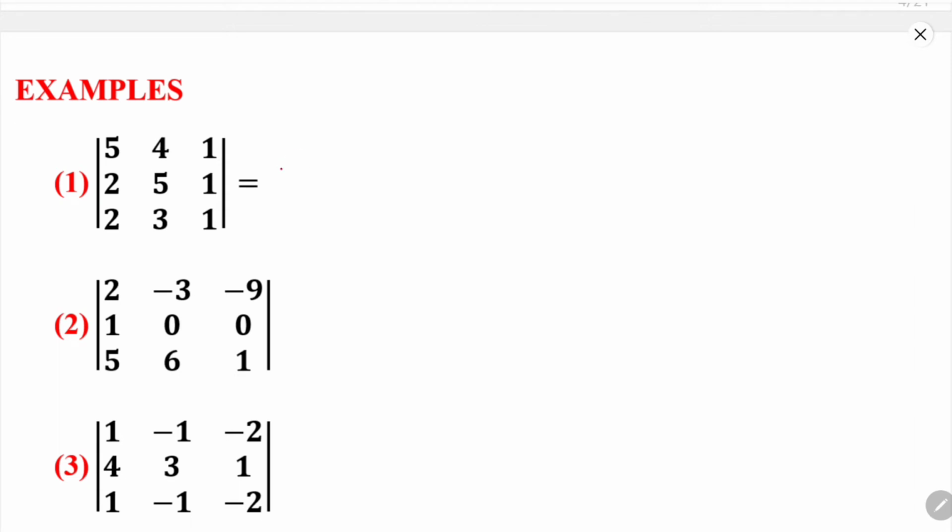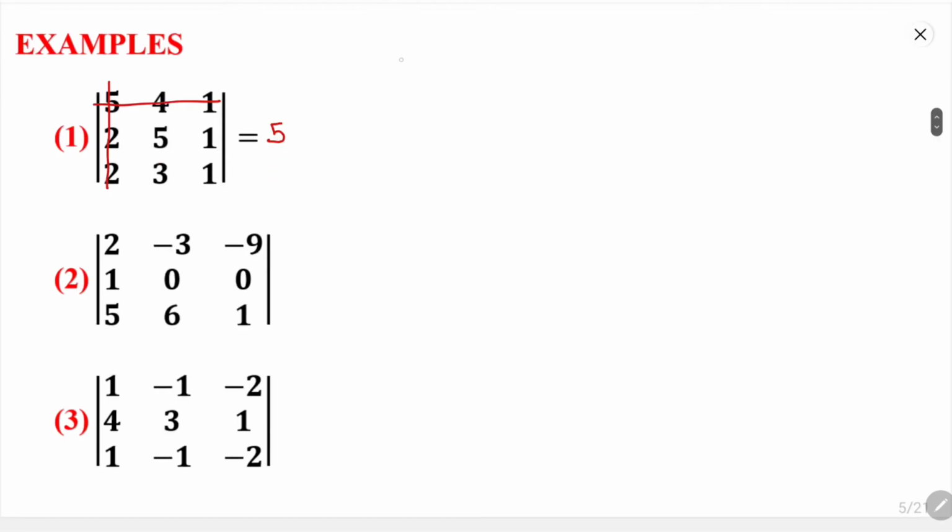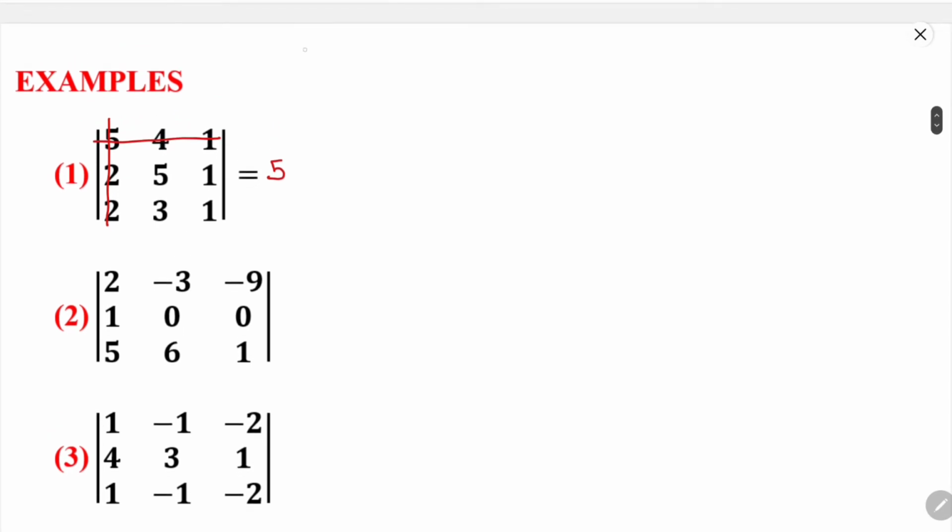So 5, then hide 5, but we are going to expand this using the first row. So plus minus plus, minus plus minus, plus minus plus, right? So here we have to consider these signs. So 5 into 5 1 3 1.